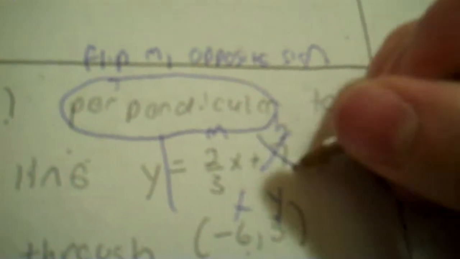Okay? So again, the y is by itself, and we have m, b. I don't care what their b is, but I need to flip the m to 3/2, and then make it the opposite sign. If it doesn't have a sign here, it's positive. Well, that means I have to switch mine to a negative. So it'd be negative 3/2.